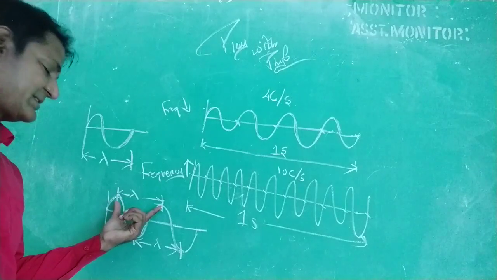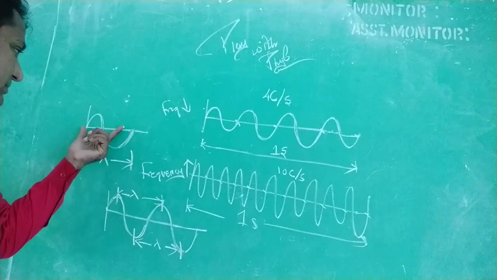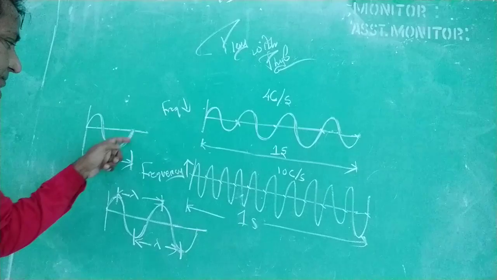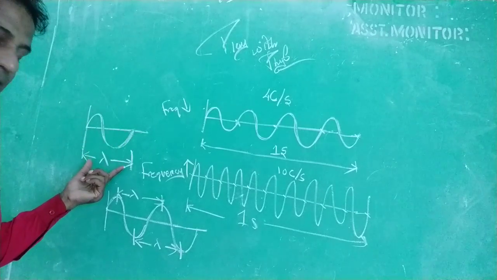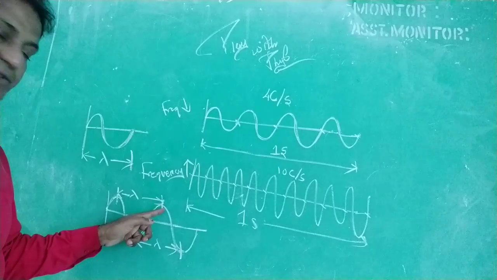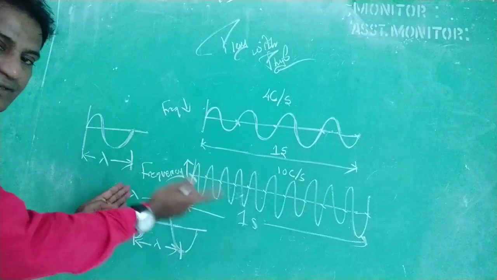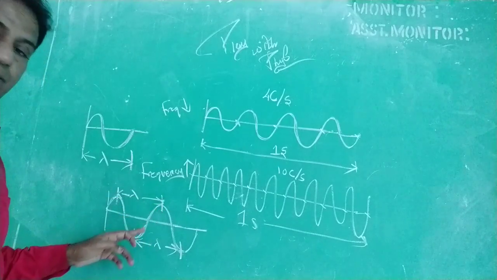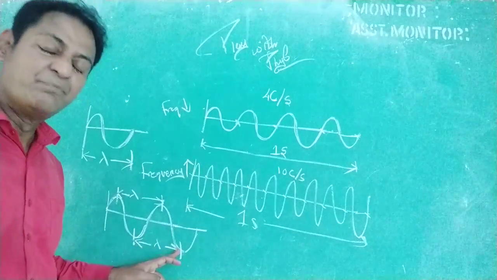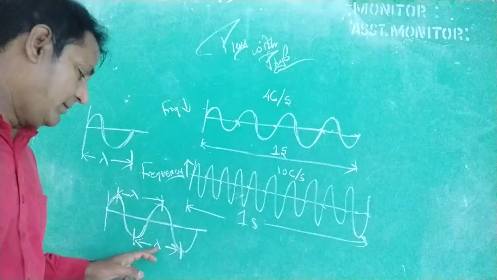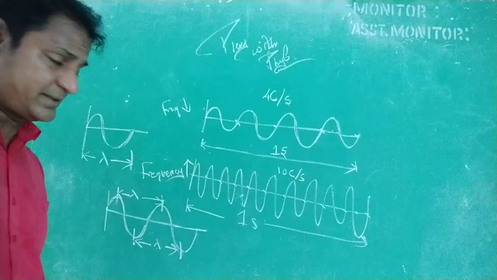So this distance will also be equal to this distance. So one complete cycle of the wave is also the wavelength, or the distance between two consecutive crests, or the distance between two consecutive troughs, right? It is called wavelength.